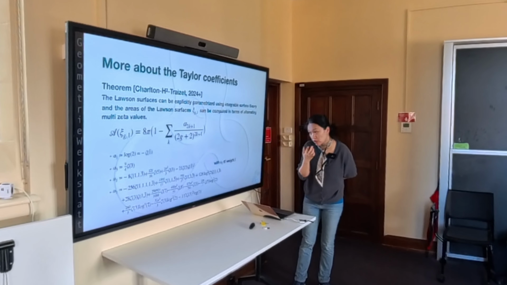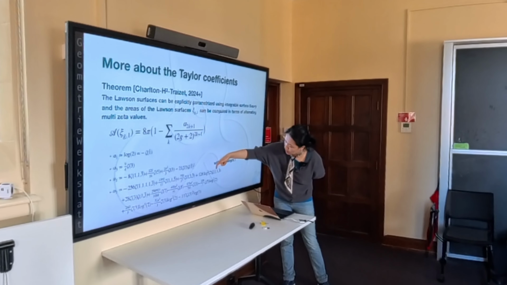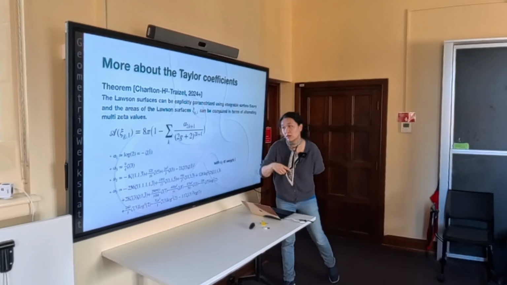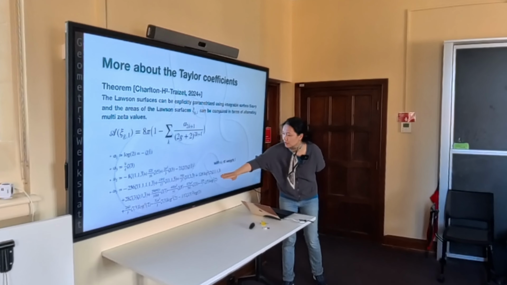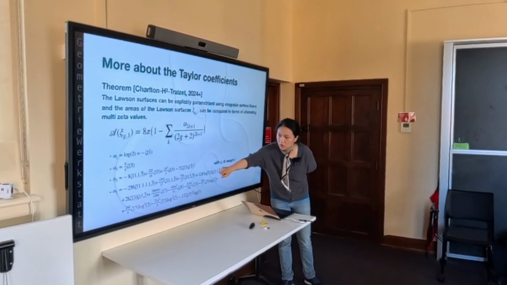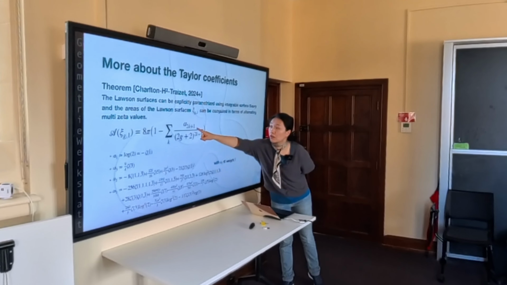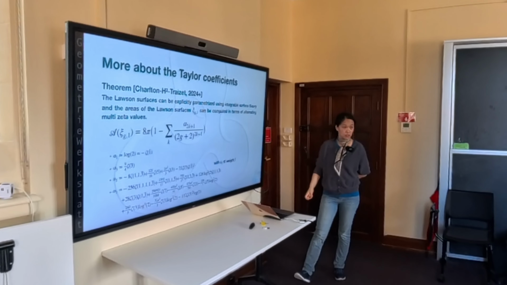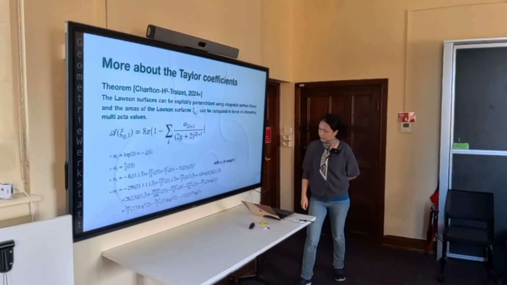But you can see structure, because if you sum up all these things and use that log 2 is just zeta 1, then in each term, the sum is just 7 in this case, which is just the index of the coefficient.